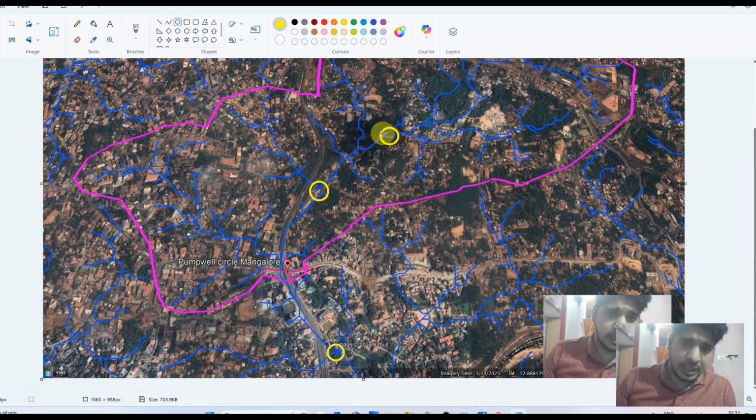And I will connect all these ponds with the help of drainage channels, connecting it here and here, something like this. That is option two.